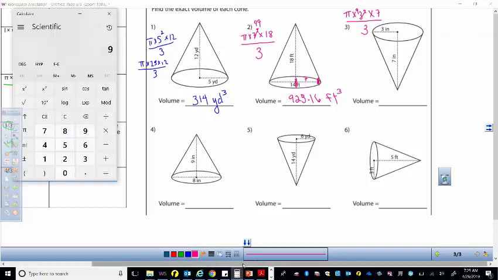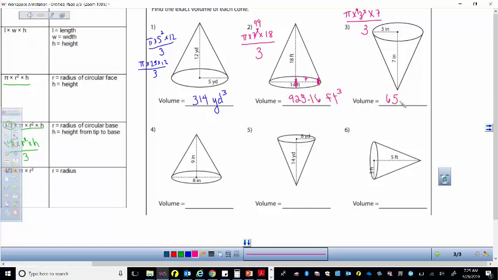So in my calculator, I have pi times 9 times 7, and then I divide my answer by 3. I have 65.94 inches cubed.